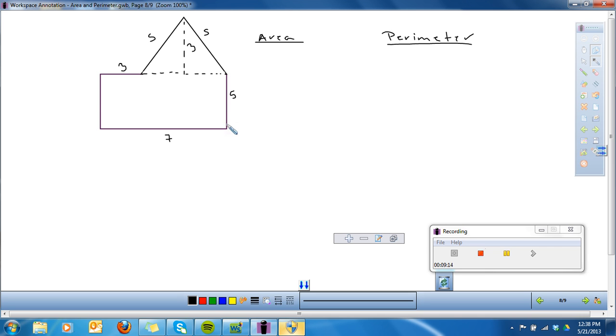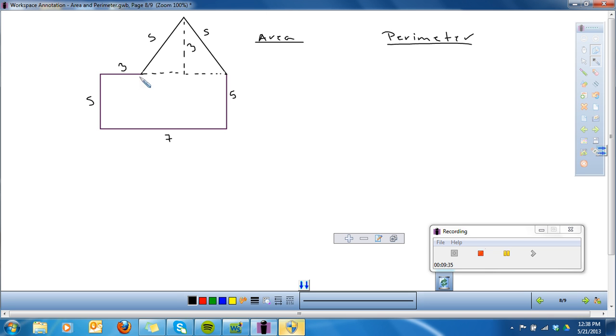Well, I know that since this side is 5, this other side is going to have to be 5. Now I notice that this is 3, and then I have this whole length here missing, but I do have this whole length here. I know this whole side is 7. So I know that this whole thing must be equal to 7.